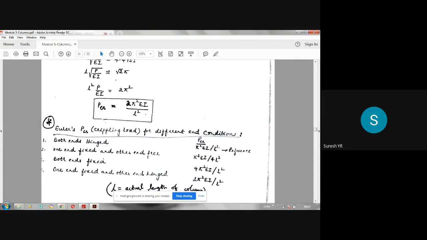In the second case, pi square EI by L square into 1 by 4. Third case, pi square EI by L square into 4.